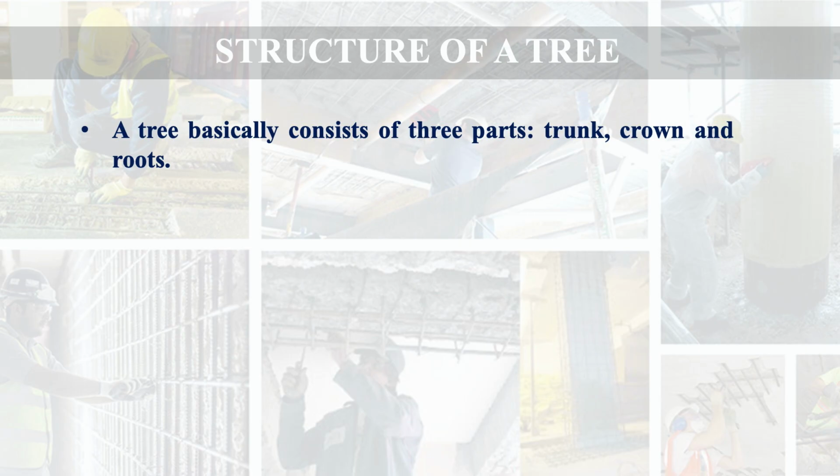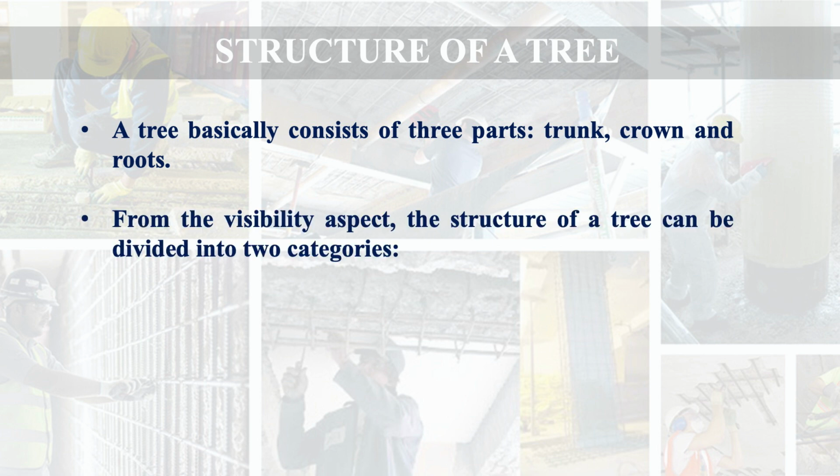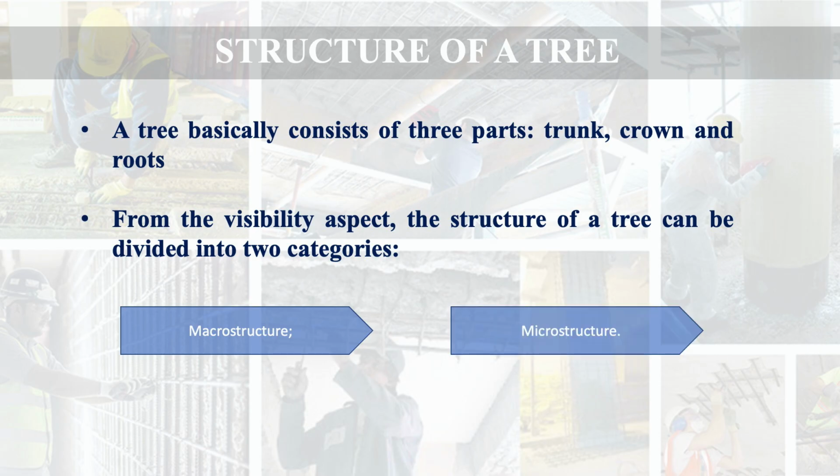A tree basically consists of three parts: trunk, crown and roots. From the visibility aspect, the structure of a tree can be divided into two categories: macrostructure and microstructure.